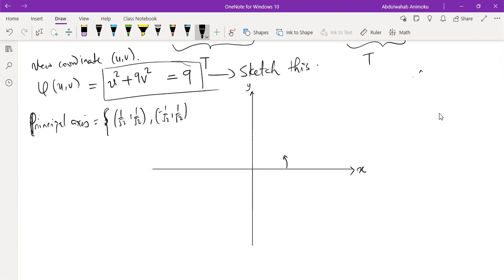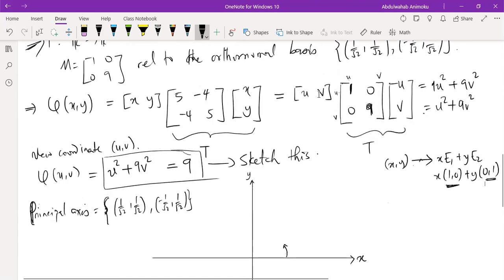Now, in the old coordinate system xy, the vectors guiding this coordinate system, as you can tell, are e1, e2, which are the vectors (1, 0) and (0, 1). These are the same vectors that we used in this particular transformation.